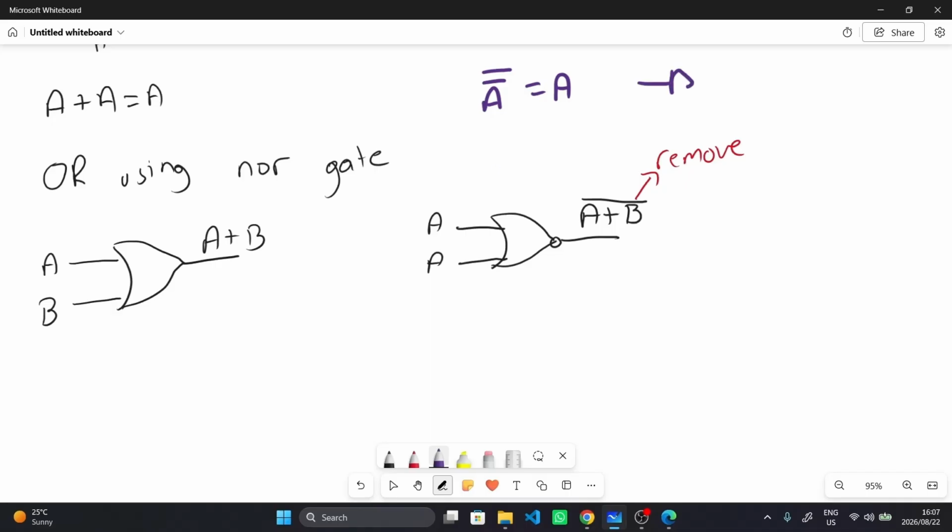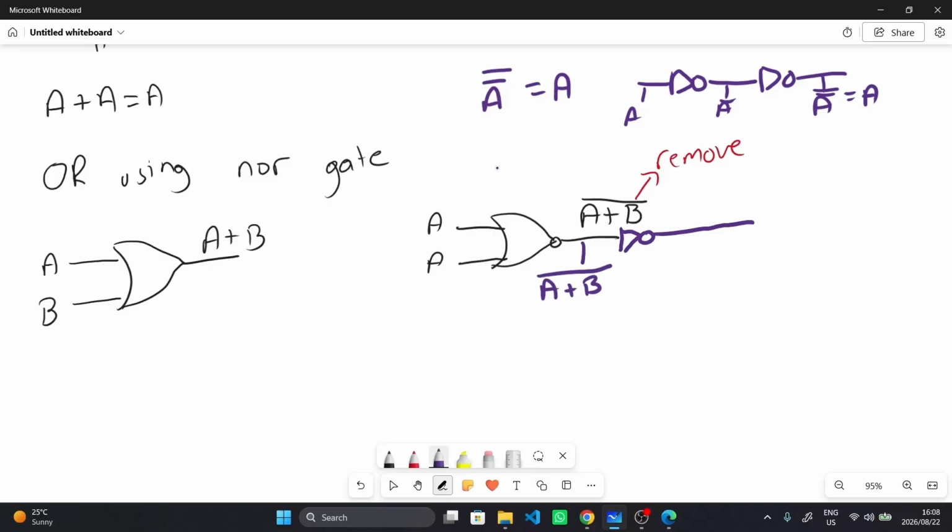So if you have one NOT gate and then another one, that will be A complement, then A complement complement, which is A. So we want to do something similar. We can make this line double, so we can add a NOT gate there. Here you will have A plus B complement, and then A plus B complement complement, and that is the same as A plus B.